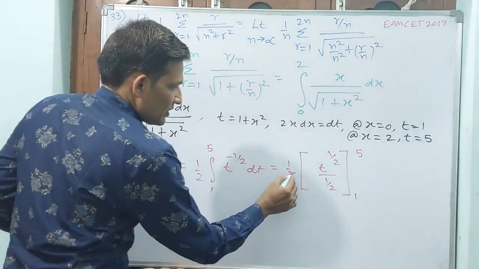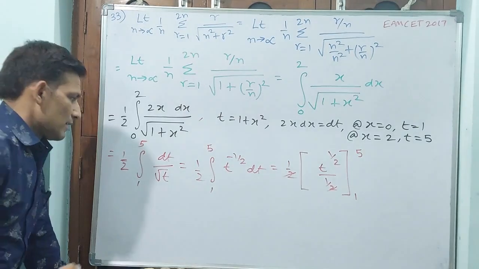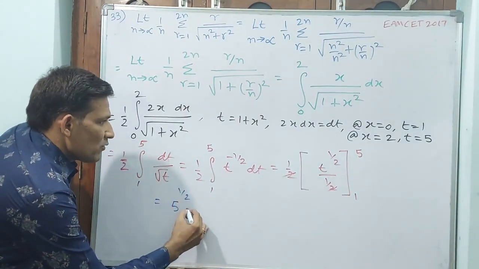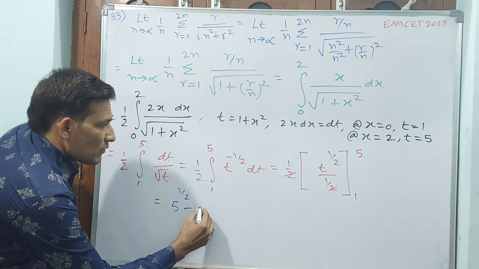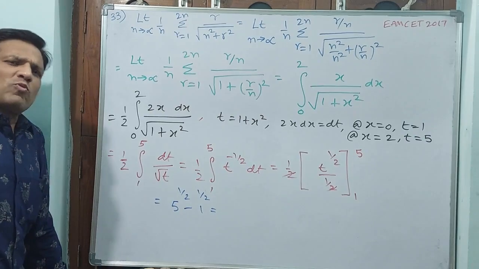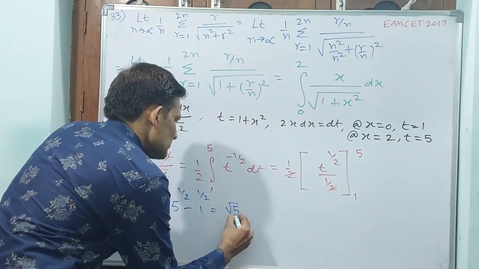Okay, and you see these two are going to get cancelled out. That is equal to 5 power 1 by 2 minus 1 power 1 by 2. See, 1 power 1 by 2 means root 1, which is 1, 1 power anything is 1 only. Okay, that means root 5 minus 1.